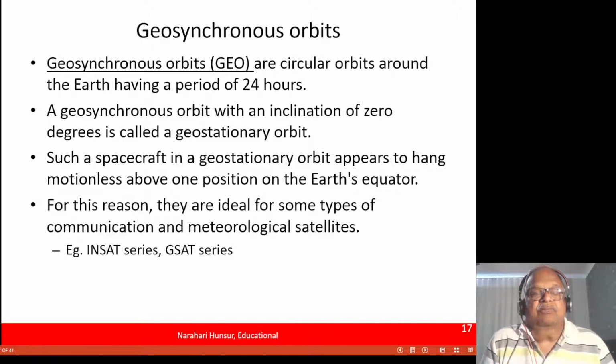So from the Earth, it looks like the satellite is exactly over the same point from where it was launched, because both are rotating at about the same period. Such spacecraft are called geostationary, and this orbit is approximately 36,000 kilometers above the equator. Most of the communication satellites like GSAT, INSAT, or any other satellite through which we get our television channels and other communication are all geostationary satellites.